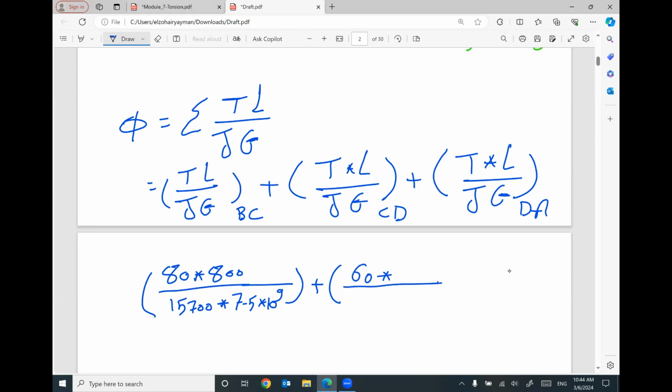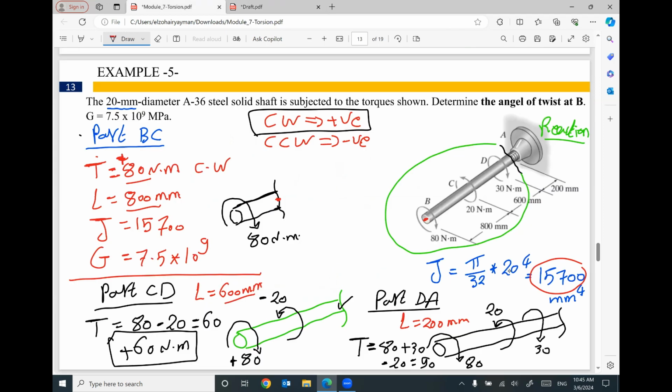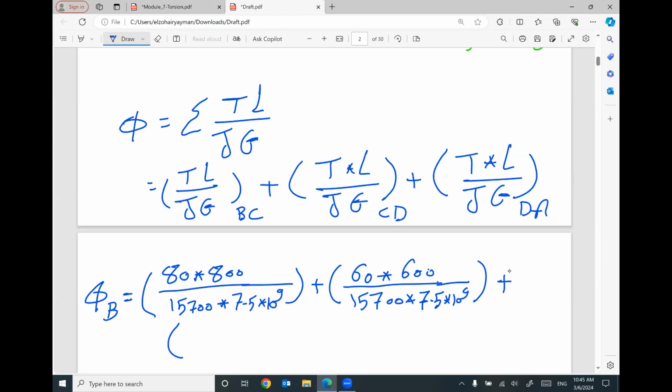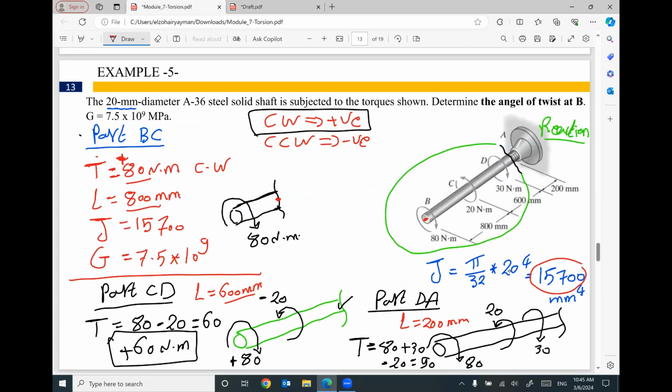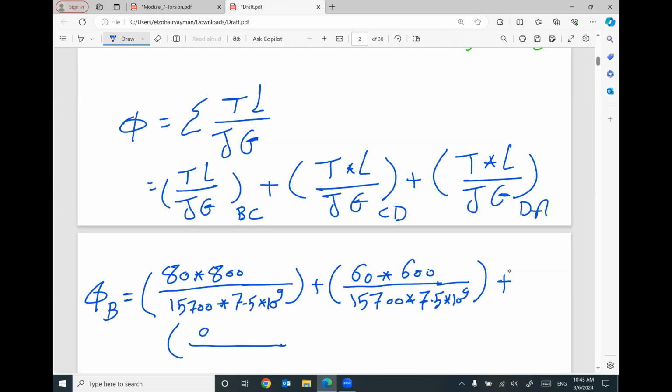The length of part number 2 is 600. J 15,700, G 7.5 times 10 to power 9. Plus the third one, this is phi at the free end B. Plus the torque on the third part was 90, positive 90 in the same direction, which is clockwise. The length is 200 divided by 15,700 times 7.5 times 10 to power 9.